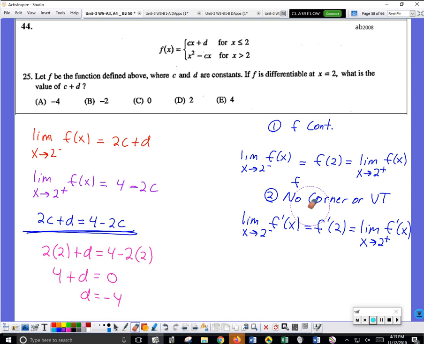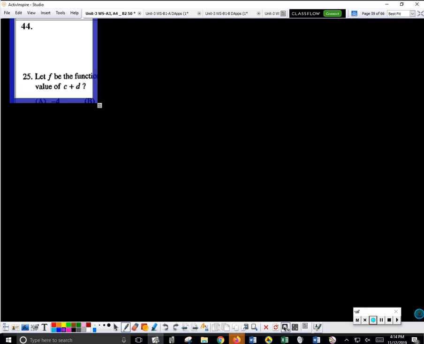Questions, comments, more discussion? So what's the derivative of f? Let's go to this page. I have a little bit of helper here. So what's the derivative of f?